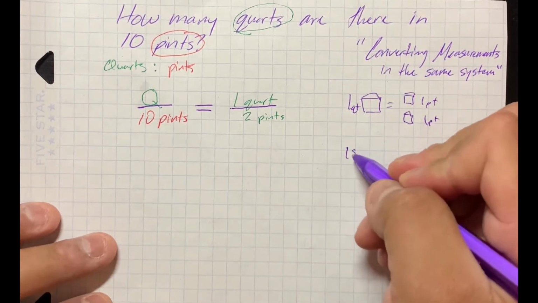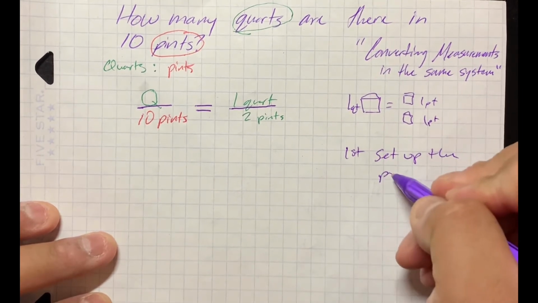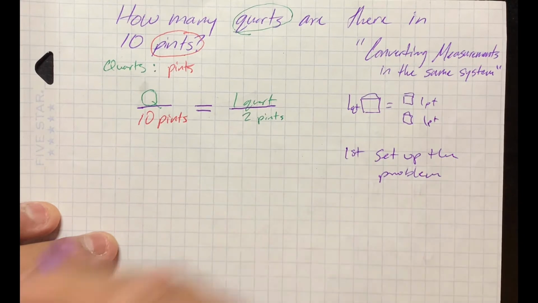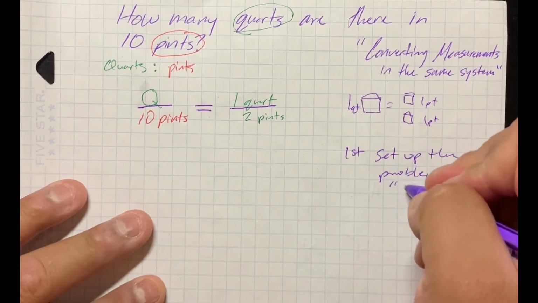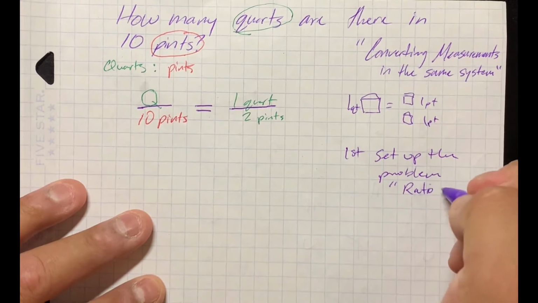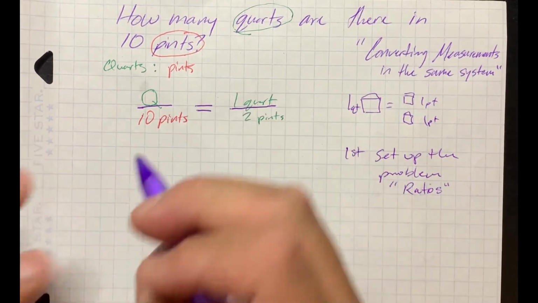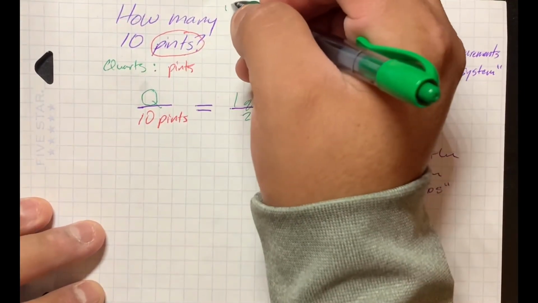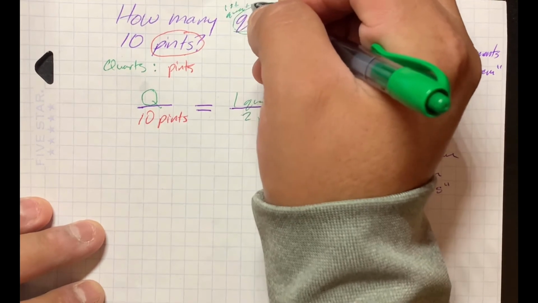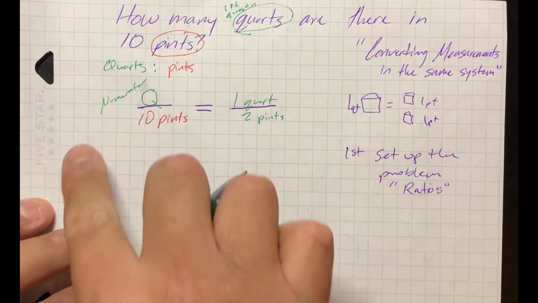The first thing we want to do is set up the problem. When we set up the problem, we have to listen to ratios: first quantity and second quantity. Now remember, the first quantity is always going to be the numerator when you set up as a fraction.